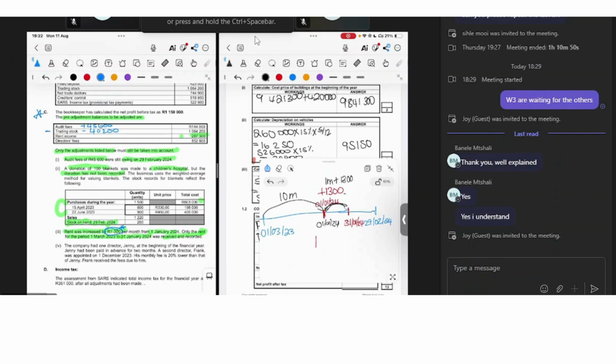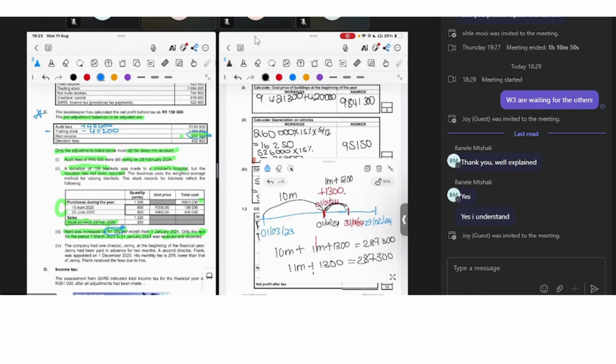And then they're telling us for all those 11 months, the rent in total is 287,300, meaning 10M plus 1M plus 1,300 is equal to 287,300.